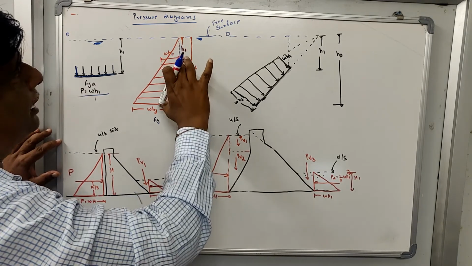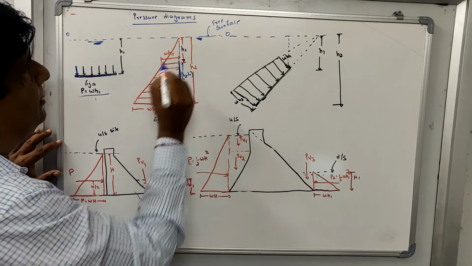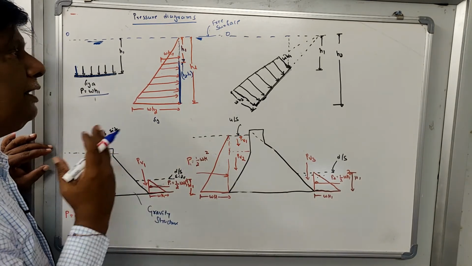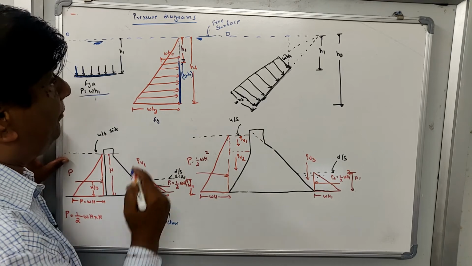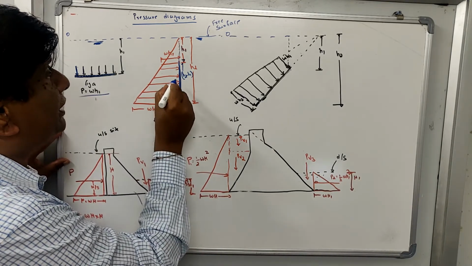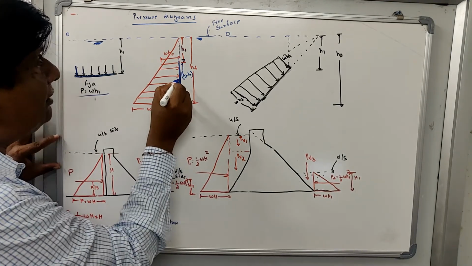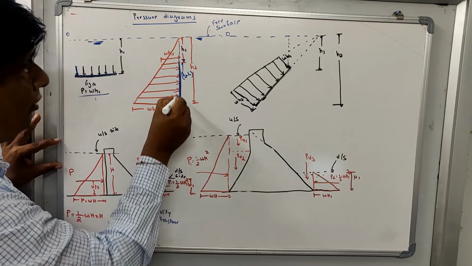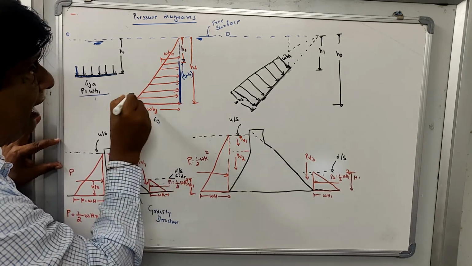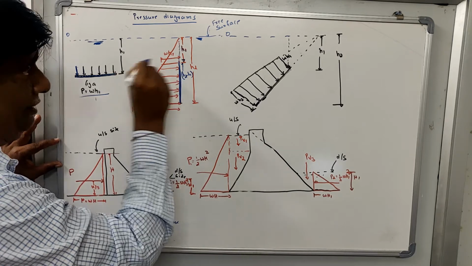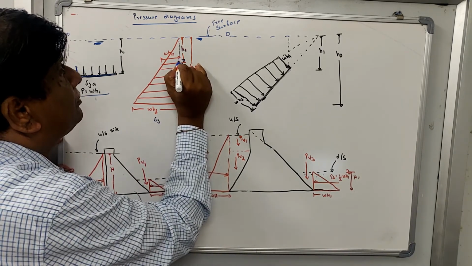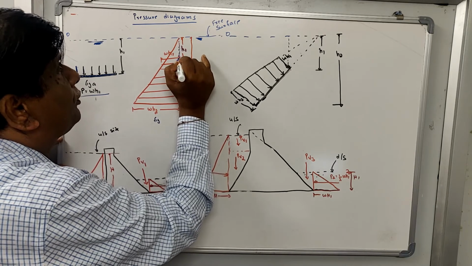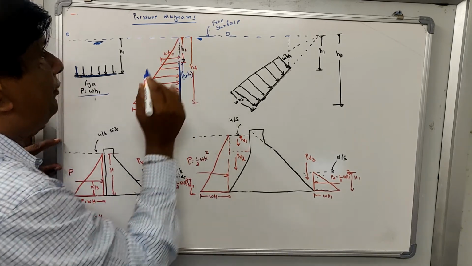This gives you the height of this vertical plate or surface. Now how do we draw the pressure diagram for the pressure intensity acting on this vertical surface at different levels? As you know, you just project this plate up to the free surface.